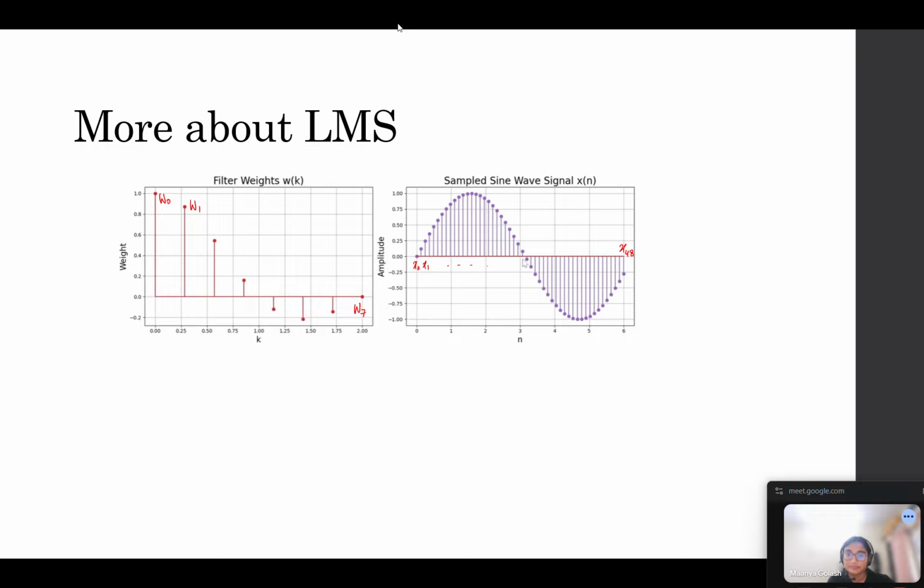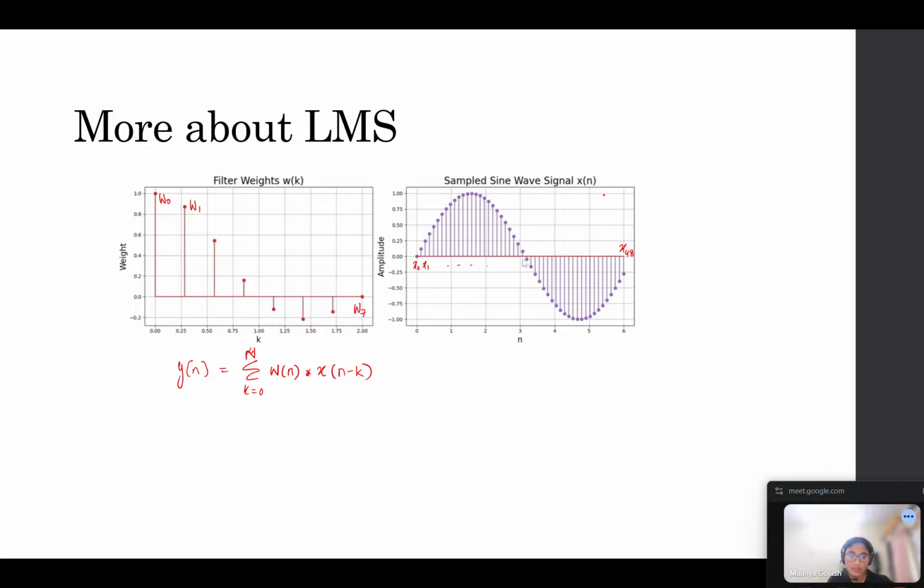Now like we spoke about earlier, y of n is given by the sum from k equal to 0 to n of w k into x of n minus k, which is essentially the convolution of these two.